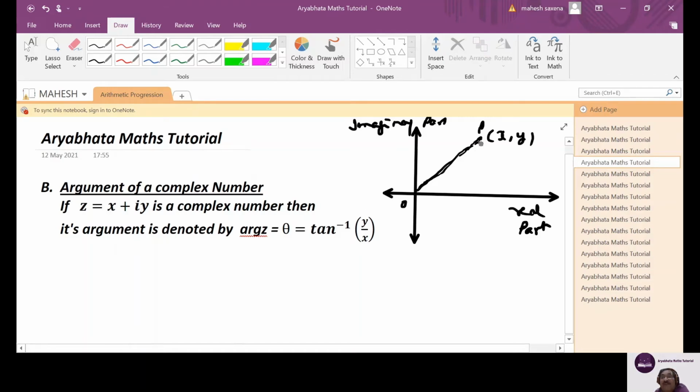If we draw a perpendicular from P, this distance will be x and this distance will be y.